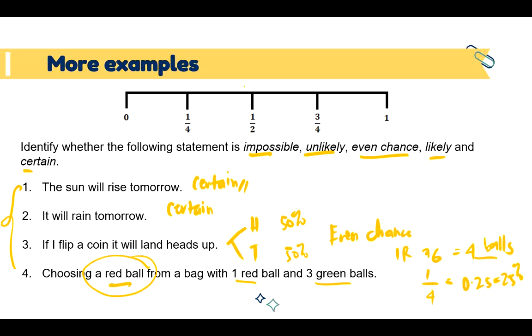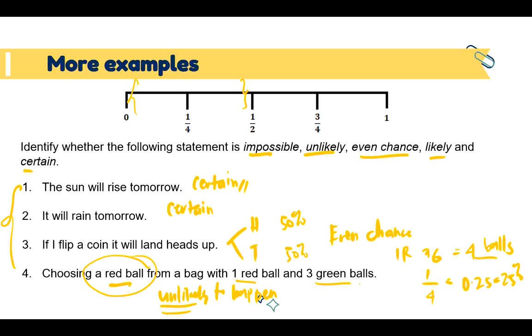So, meaning, nandito siya sa range na less than 1/2. Okay? Then, greater than 0. So, meaning, ito yung unlikely to happen. Obviously talaga, class, unlikely to happen to. Unlikely ang sagot natin dyan. Kasi nga, isa lang naman yung red, tas 3 green.